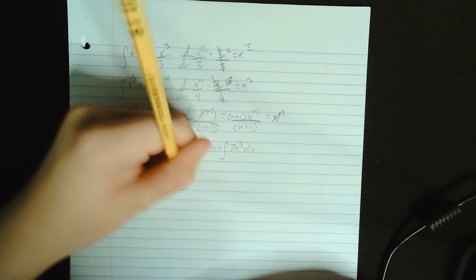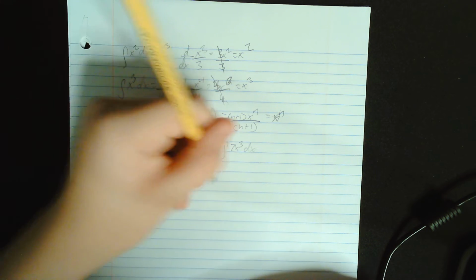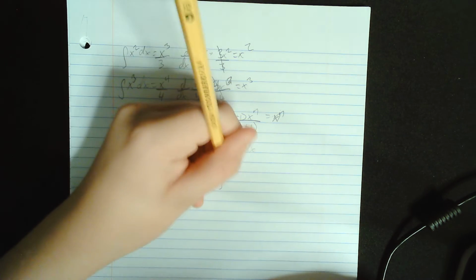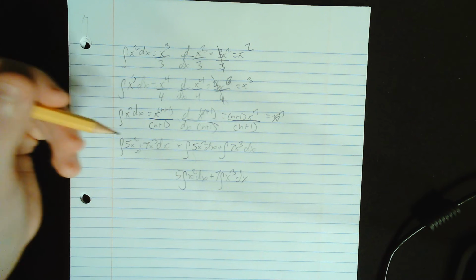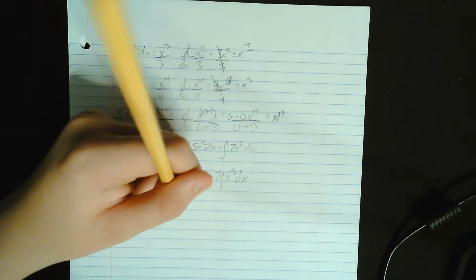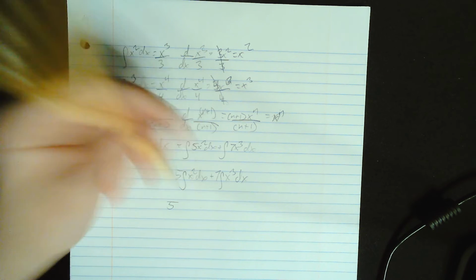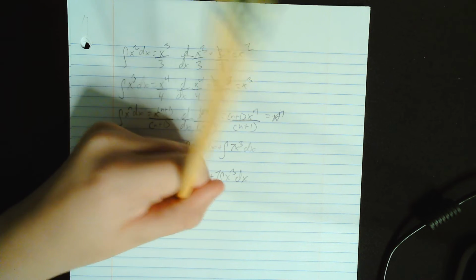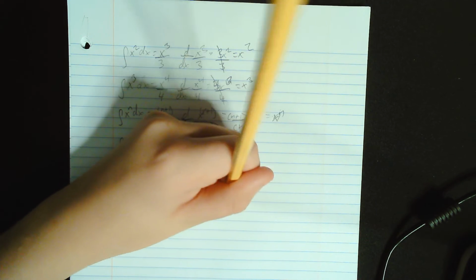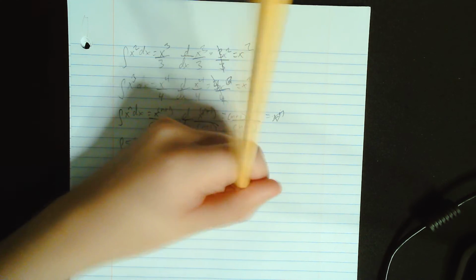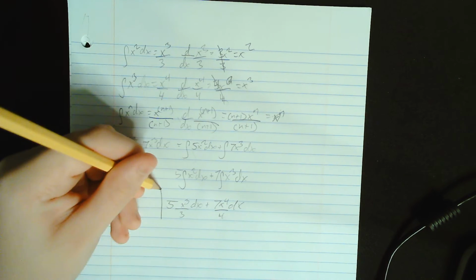We have 5 integral x squared dx plus 7 integral x cubed dx. And then we integrate. So we have 5x cubed over 3 plus 7x to the fourth over 4. And that's our answer to that one.